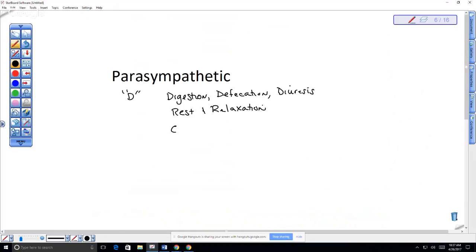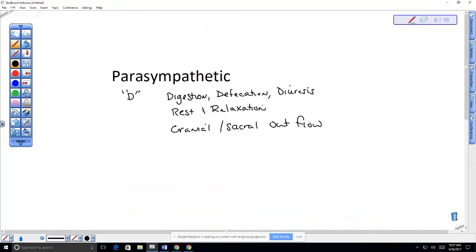Okay. It has what is called a cranial sacral outflow. So the sacrum and the cranium region is where the nerves of the parasympathetic division exit, okay?